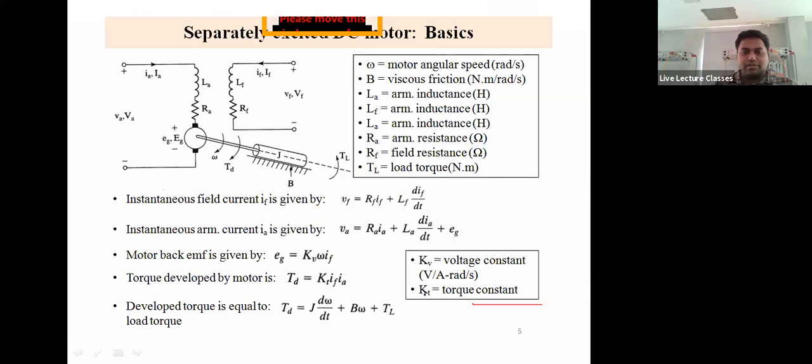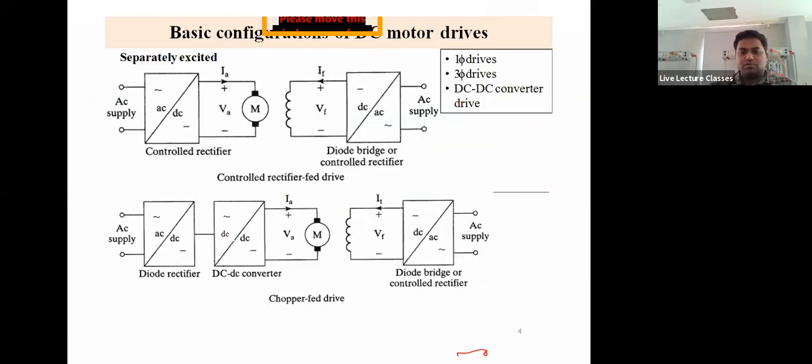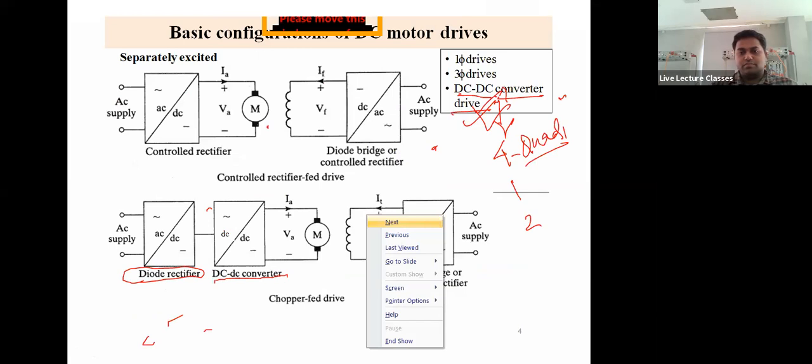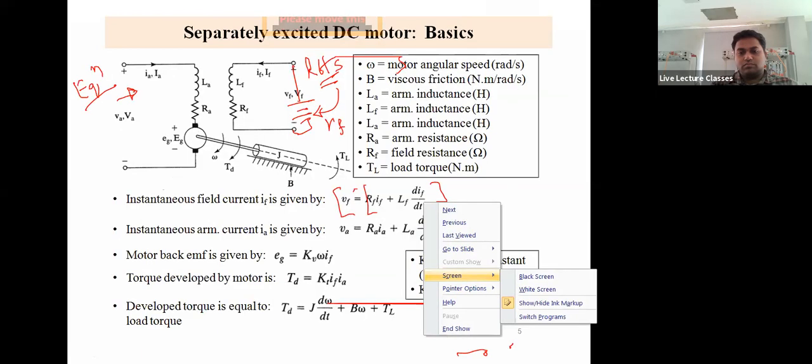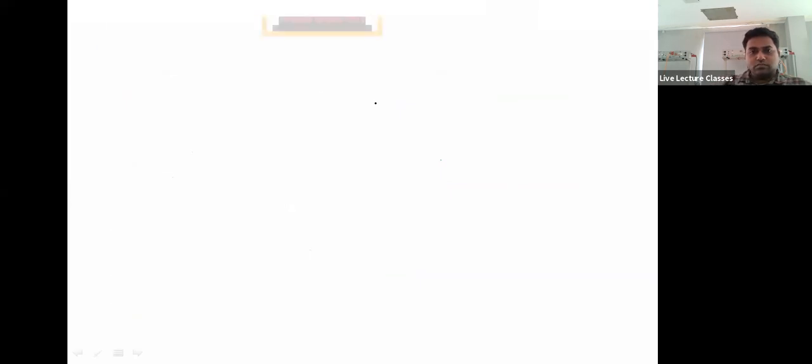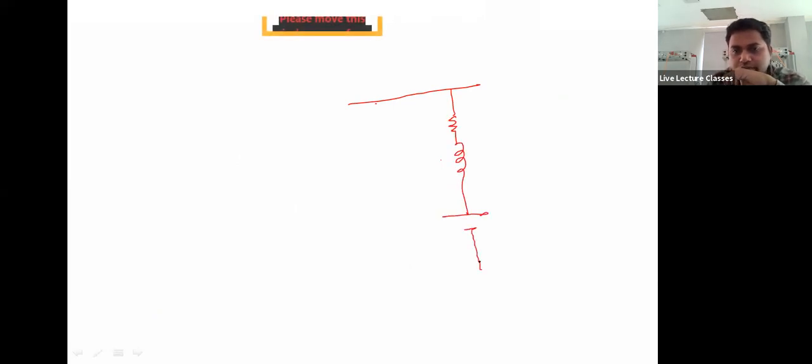Instantaneous armature current is given by which option? Almost the same thing. So this would be the armature current. This would be the big motor. These are the brushes.